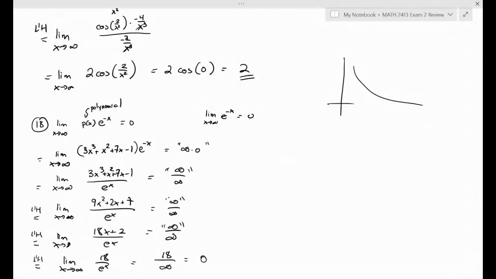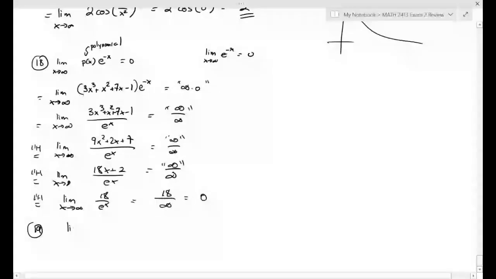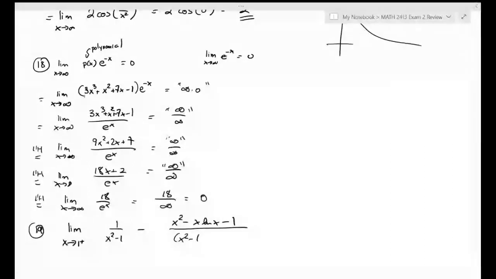All right, maybe an example of infinity minus infinity really quick and what to do there. Uh-oh, what did I just close? I think you're drawing down. All right, there you go.